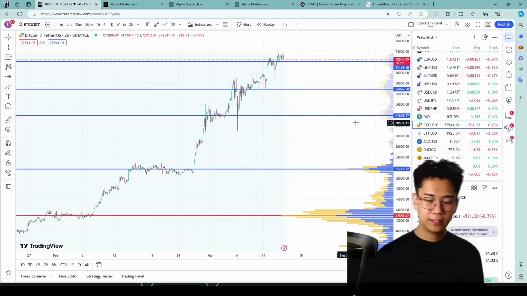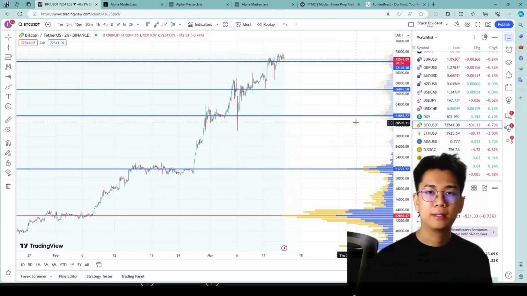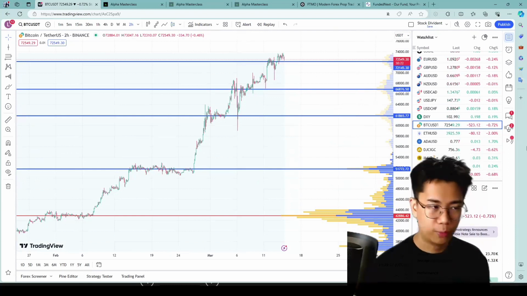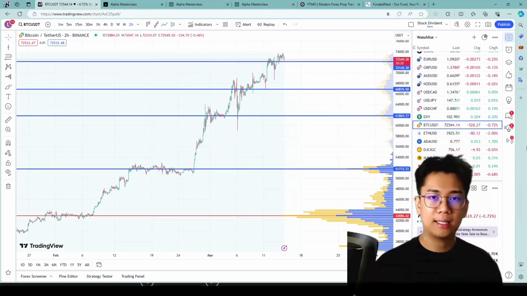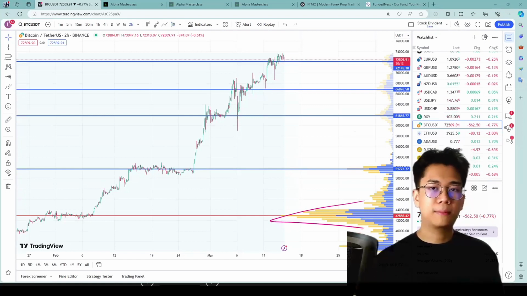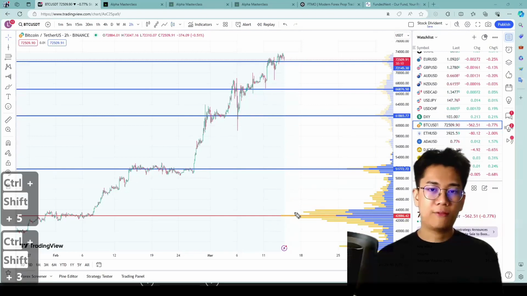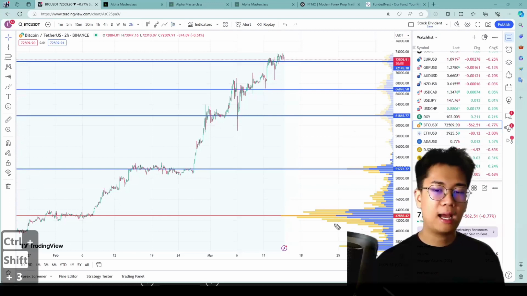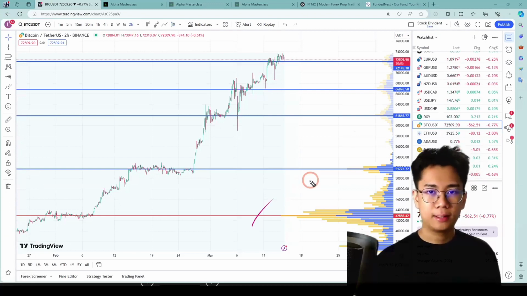Then from here, you will have a strategic way to see where the big players are entering the trades. You can see the bigger the mountain, the stronger the buyers. At 42,000, they have the most buyers. Then move on to here, here, and here.